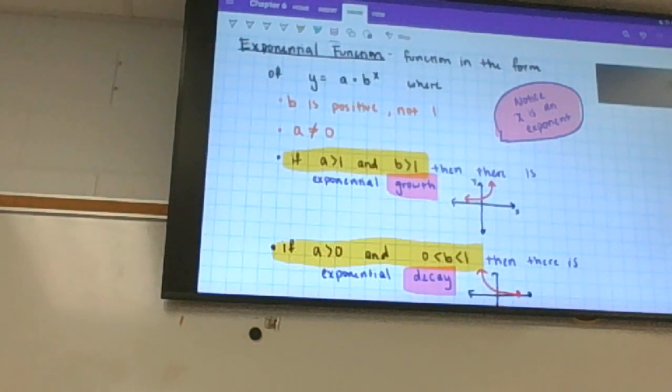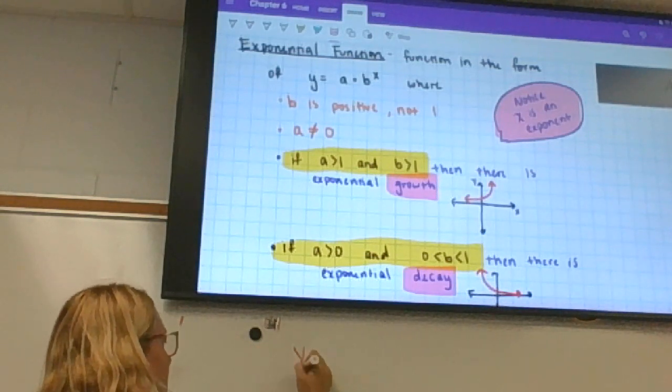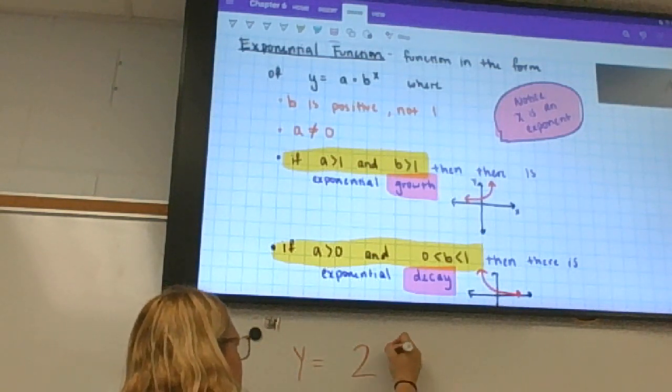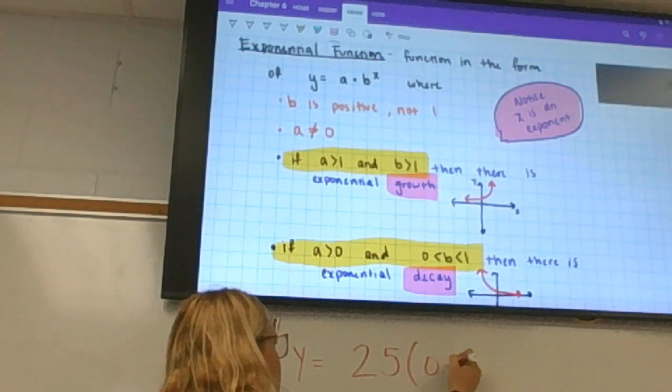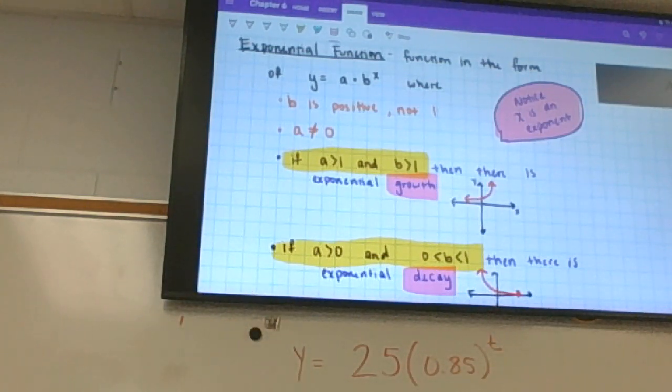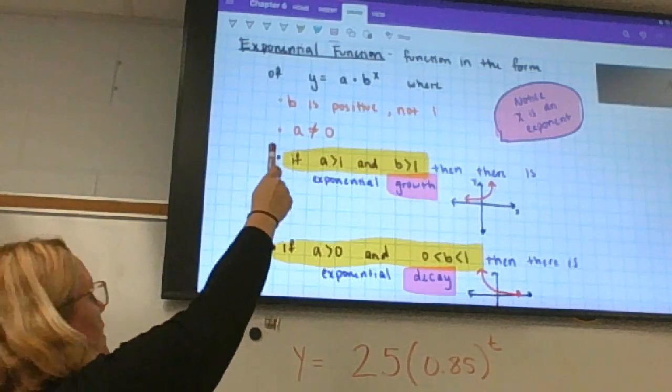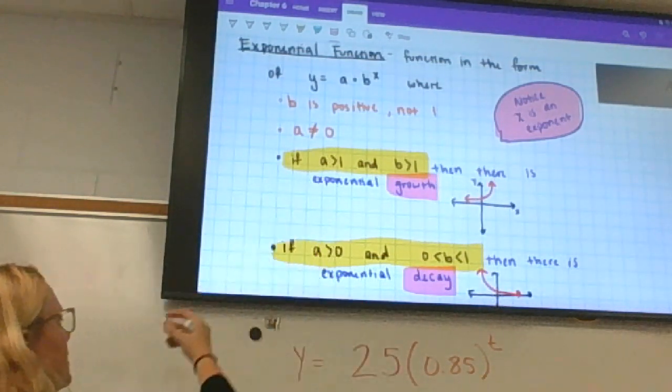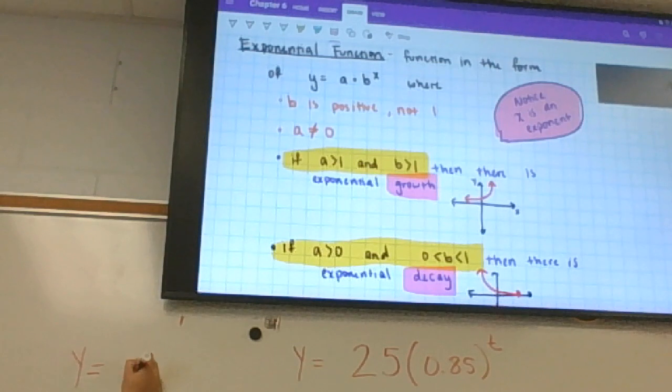So the equation for the car is 25 times 0.85 to the t, right? And so that means the model at the top in black, there's a lot up there, I know it's hard to see, it's A times B to the X, okay? A is the initial amount.